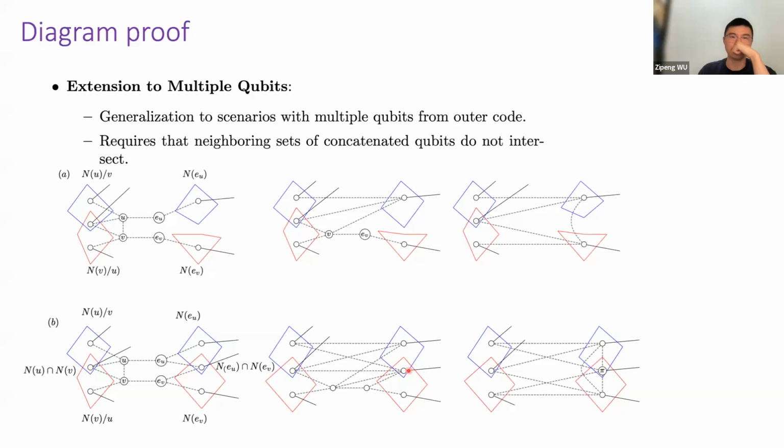Therefore, for the generalized local complementation, we require MI and MJ to be disjoint. But now there are some nodes which are neighbors of MI and MJ at the same time. That's when the generalized local complementation rule fails, and we have to use the JS calculus, the pivot rule, resulting in this diagram.